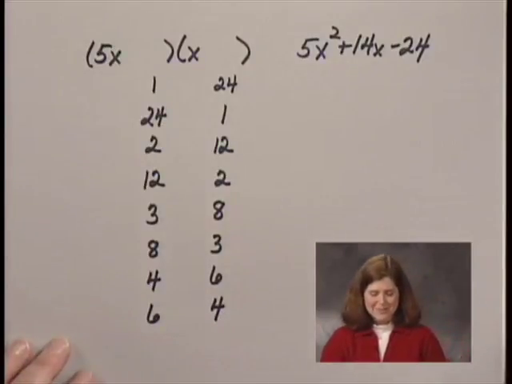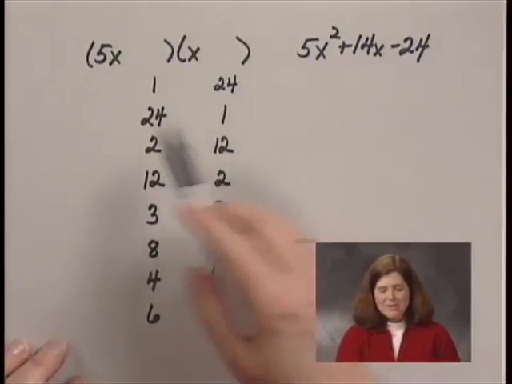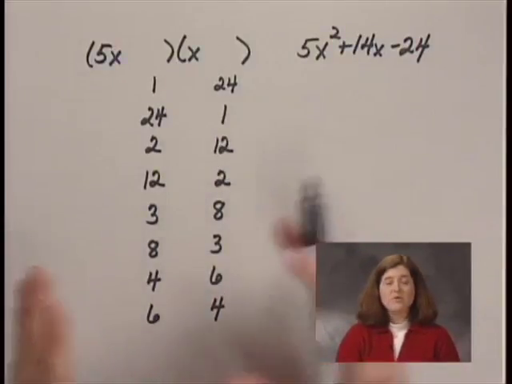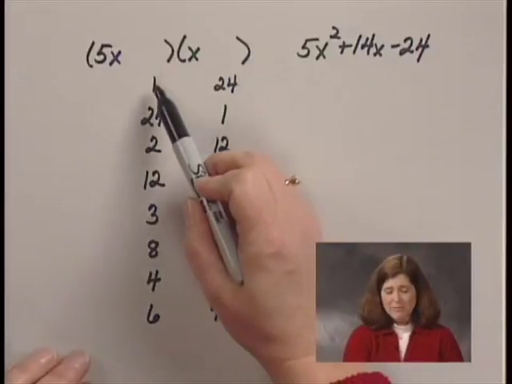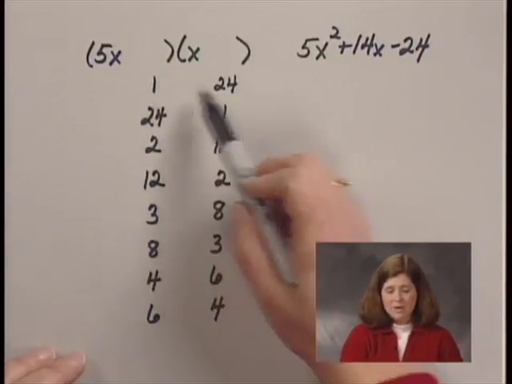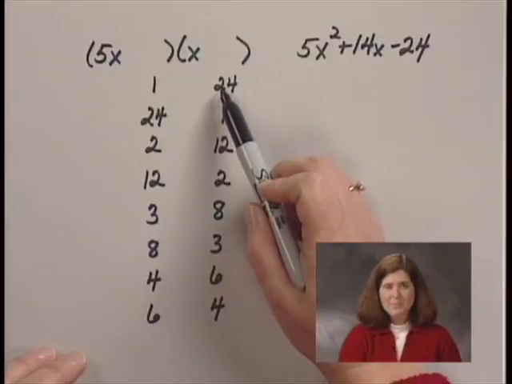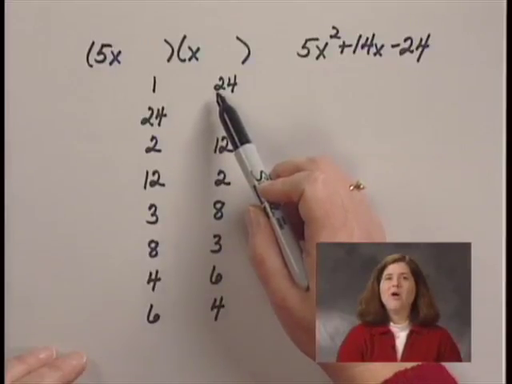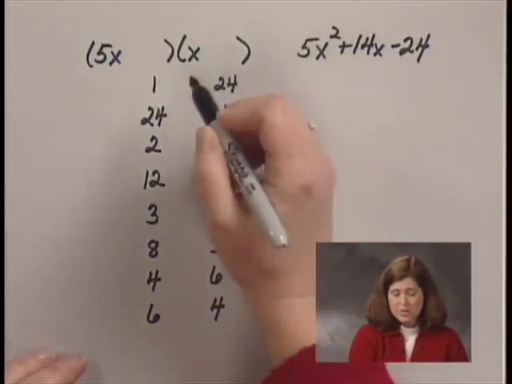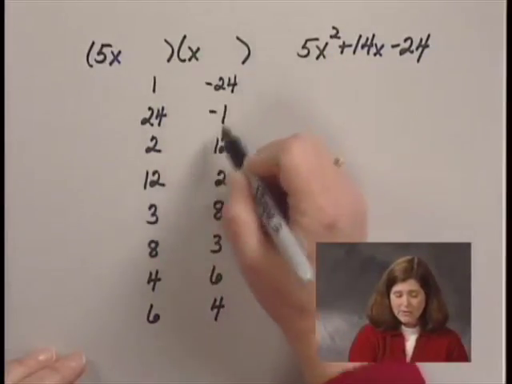Lots of possibilities. Now, one of these has to be negative, and actually, I technically have twice as many possibilities because I could have 1 and negative 24 or negative 1 and positive 24. However, you don't have to check both of those because I'm going to just choose that my second one is negative.